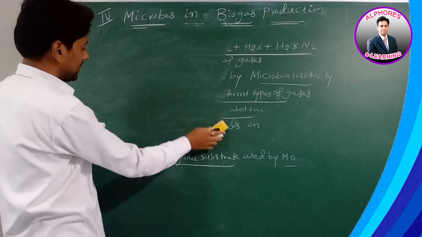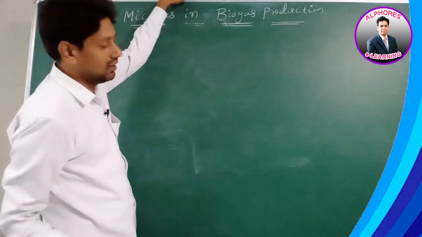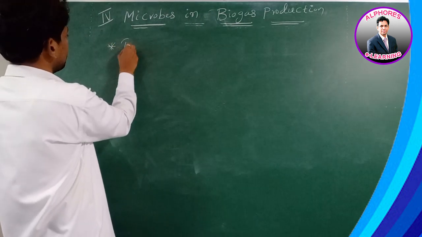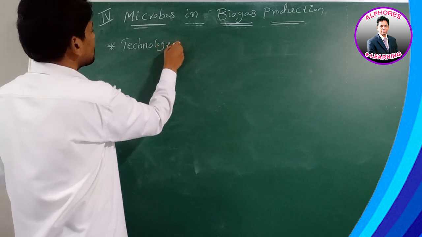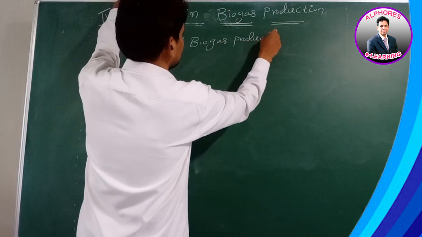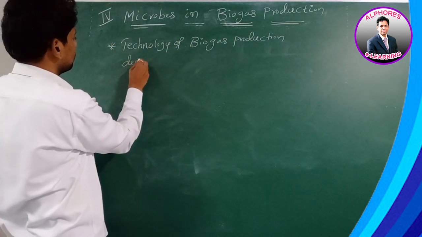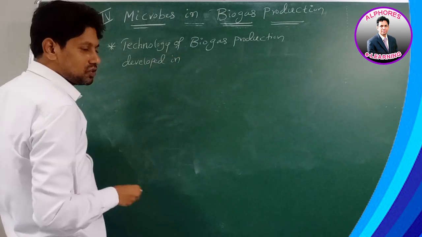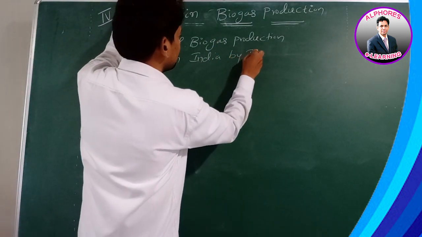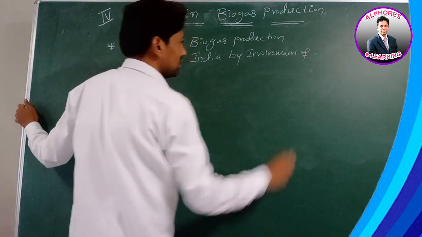The technology of biogas production was developed in India by the involvement of two organizations. What are the two organizations?